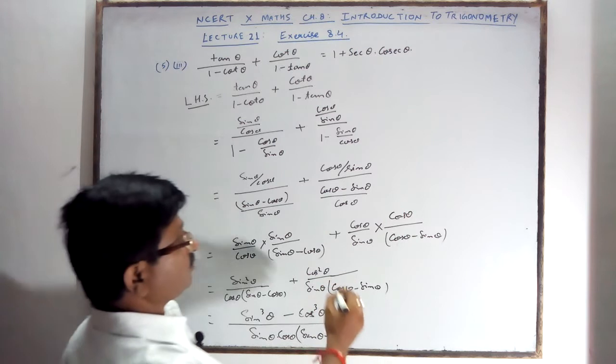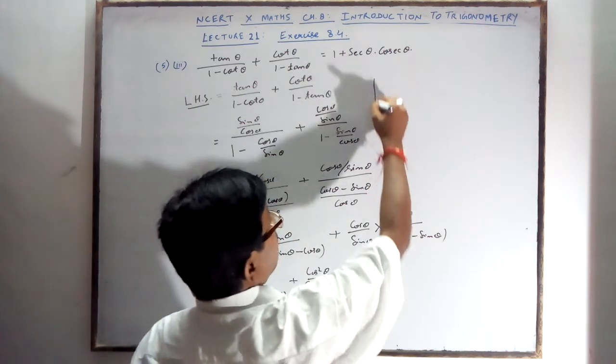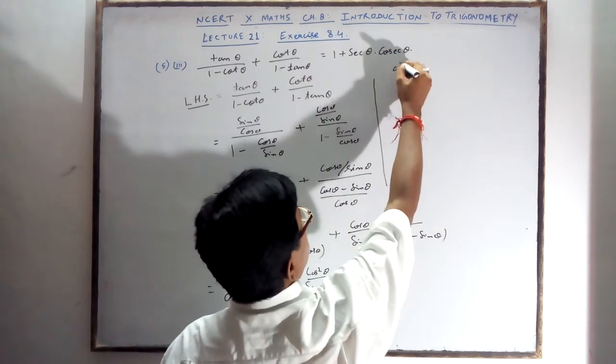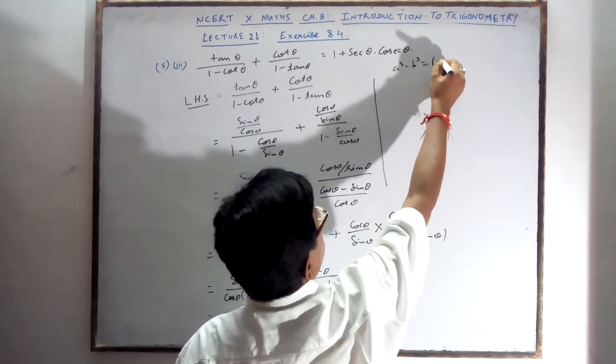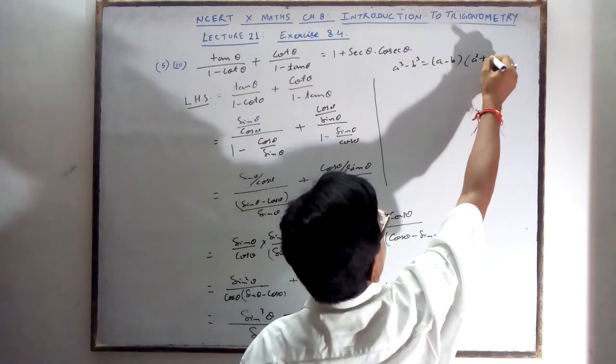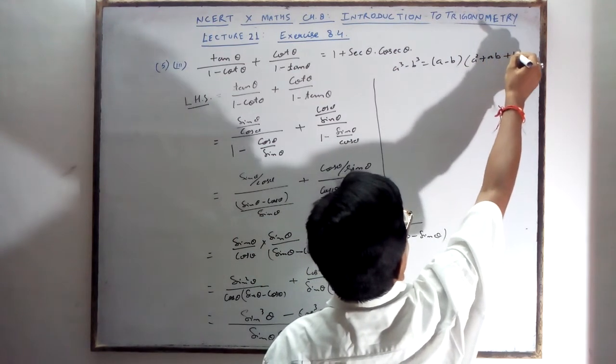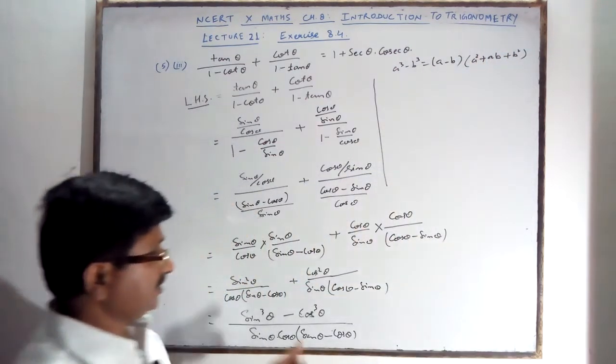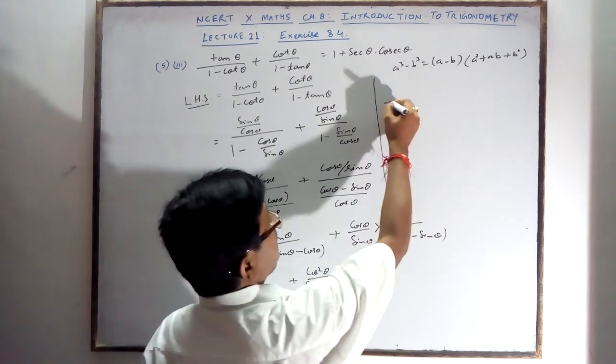Now you apply the rule of identity. What is it? A cube minus b cube is equal to a minus b in one bracket, a square plus ab plus b square. This is the factor of a cube minus b cube. So apply this rule.